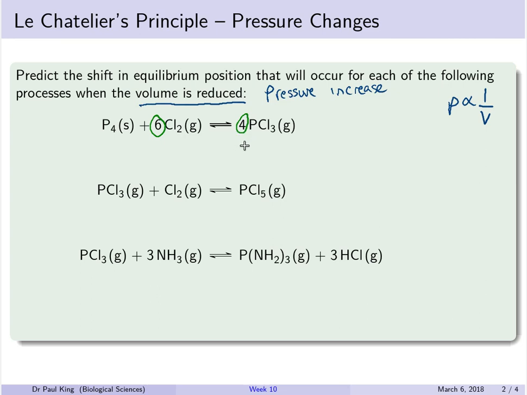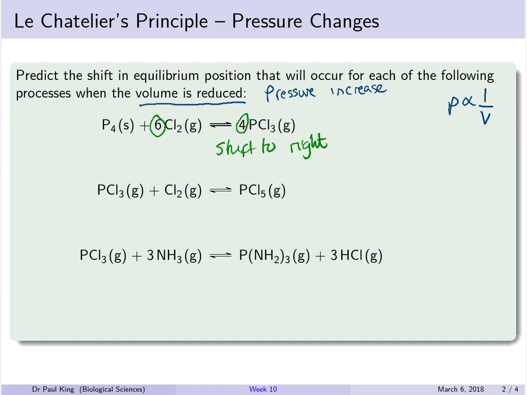So if the system is trying to reduce the pressure, the equilibrium in this case will shift to the right, because in doing so the number of molecules in the gas phase will decrease, and that is what the system is trying to do. Okay, it's trying to counteract the increase in pressure that we are imposing upon the system.